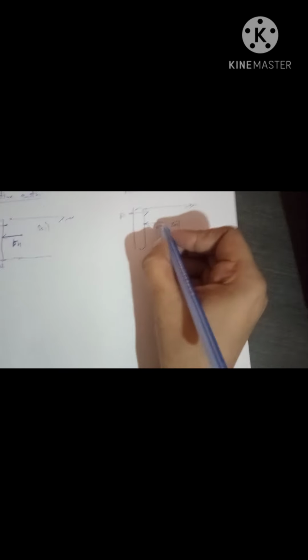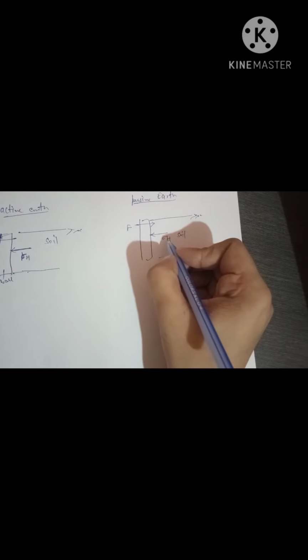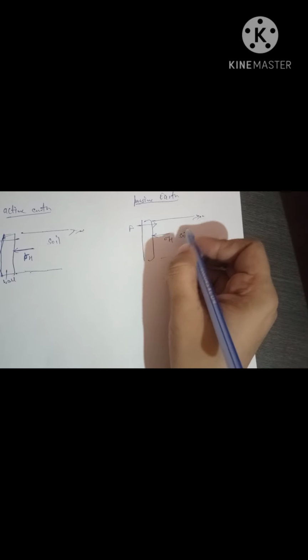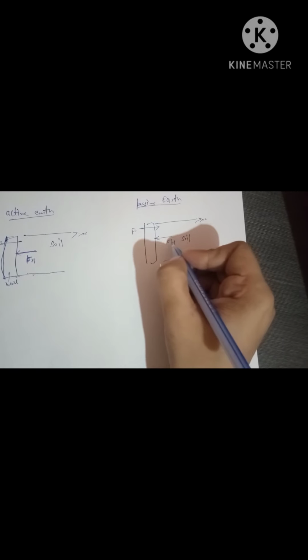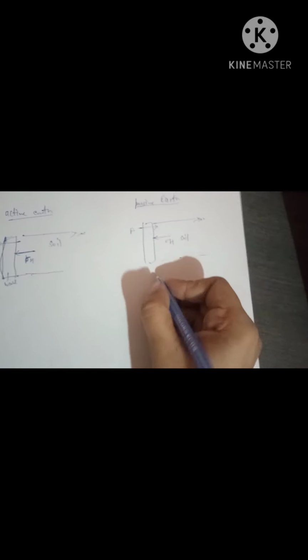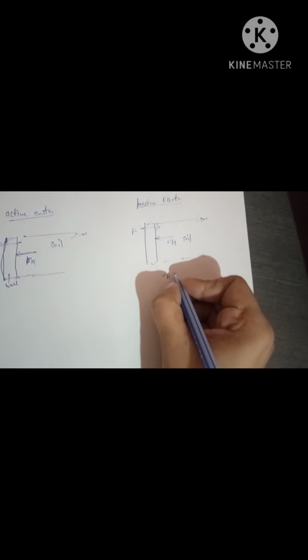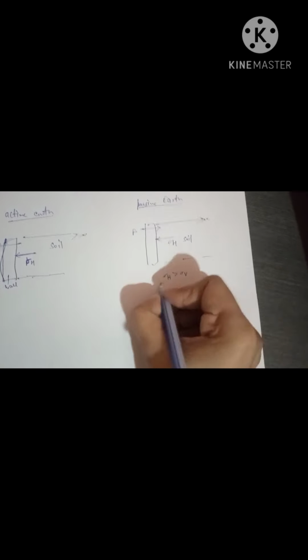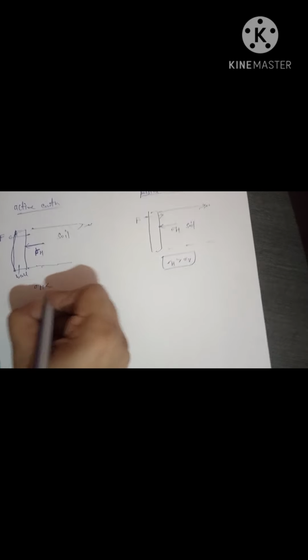And in the second case, sigma horizontal and F both are in opposite directions, so the force applied by the soil on the wall, the contact force, is greater. So I can say sigma horizontal in passive state is greater than sigma vertical. Okay, and in active state sigma horizontal is less than sigma vertical.